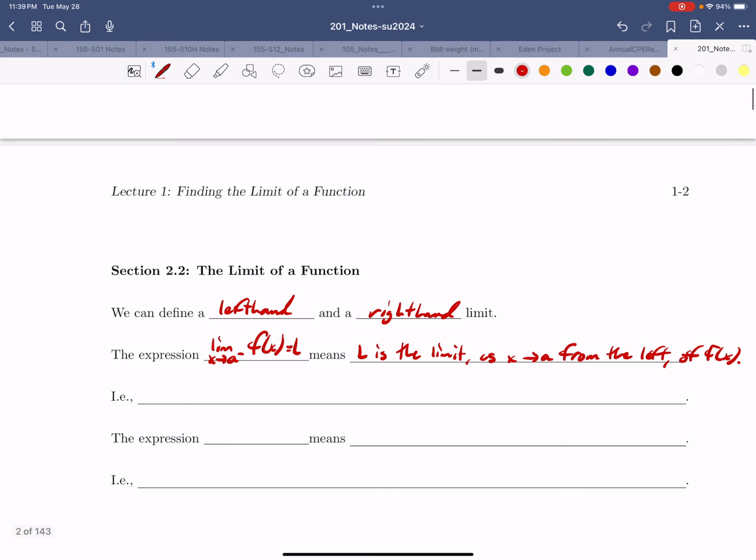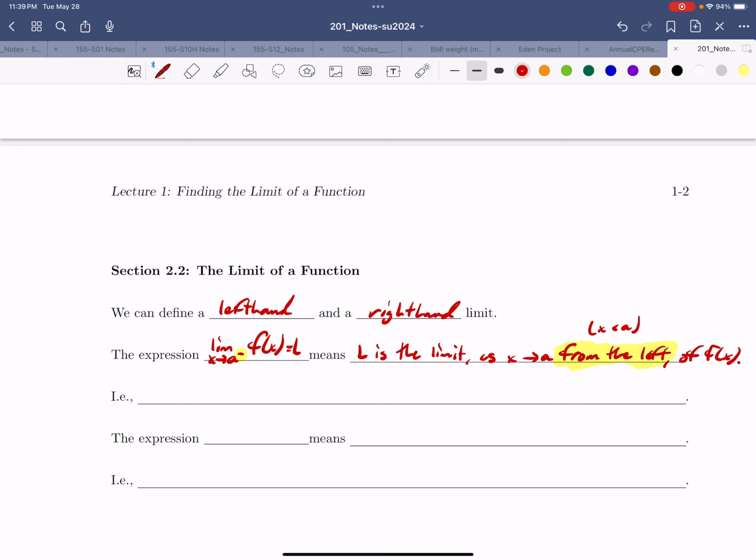Same exact thing, but we've got this from-the-left component. So this minus sign gives us this little bit of detail. That just means that x is always less than a. We're not considering the case where x is greater than a and approaching a from the right.